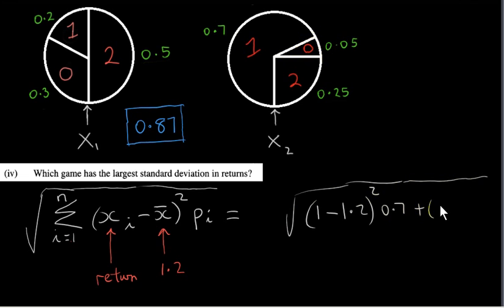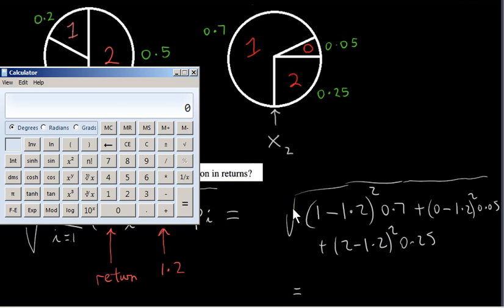We could take this as our next value, 0 minus 1.2 squared times probability 0.05. And the next value is 2 minus the mean value 1.2, and probability is 0.25. So we have 1 minus 1.2, that's minus 0.2, where we're squaring it, so we can just put in plus 0.2.